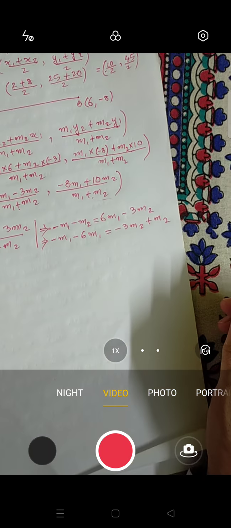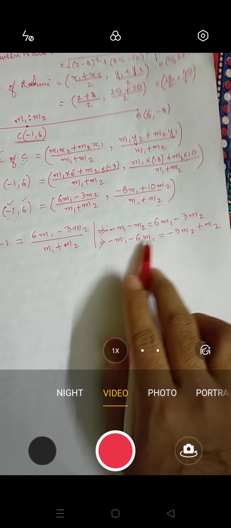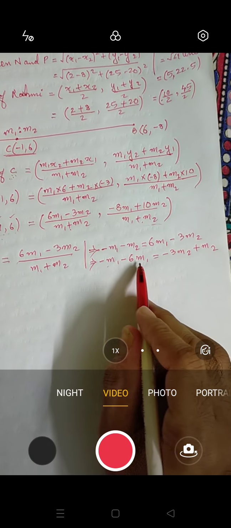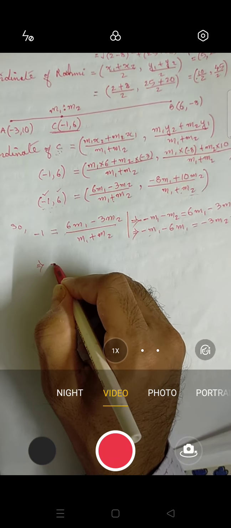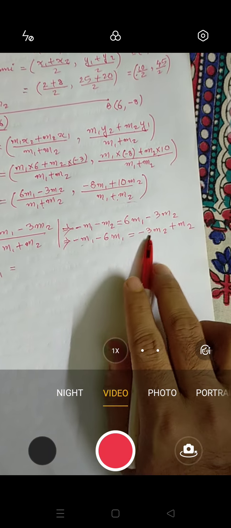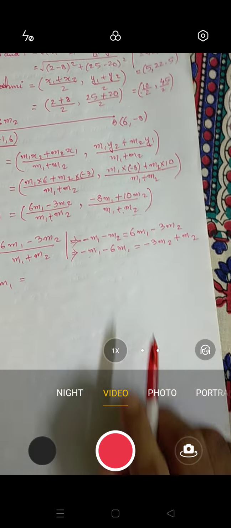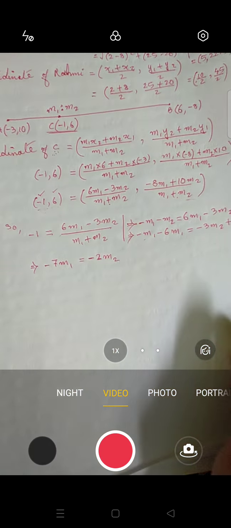Any problem? Okay, now I'm solving this one. This will become minus 7m1. Minus 7m1 equals to. Now you can see that this will become minus 2m2. Any problem?